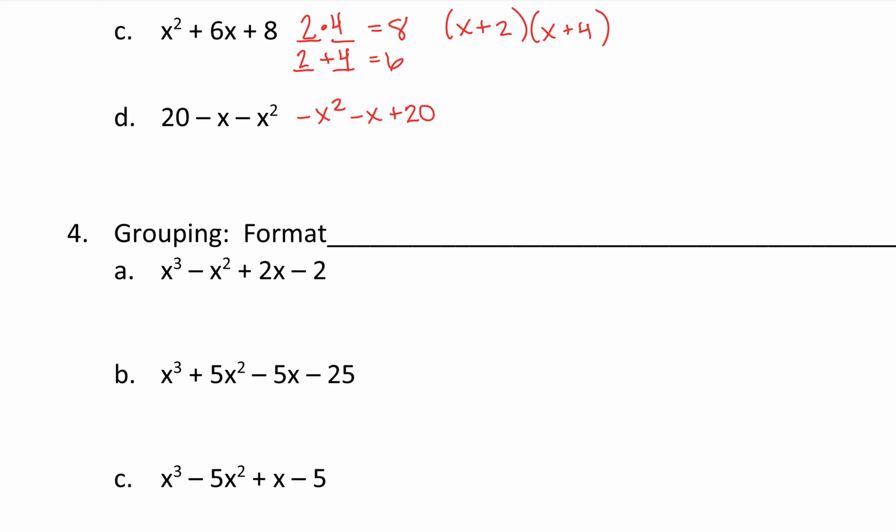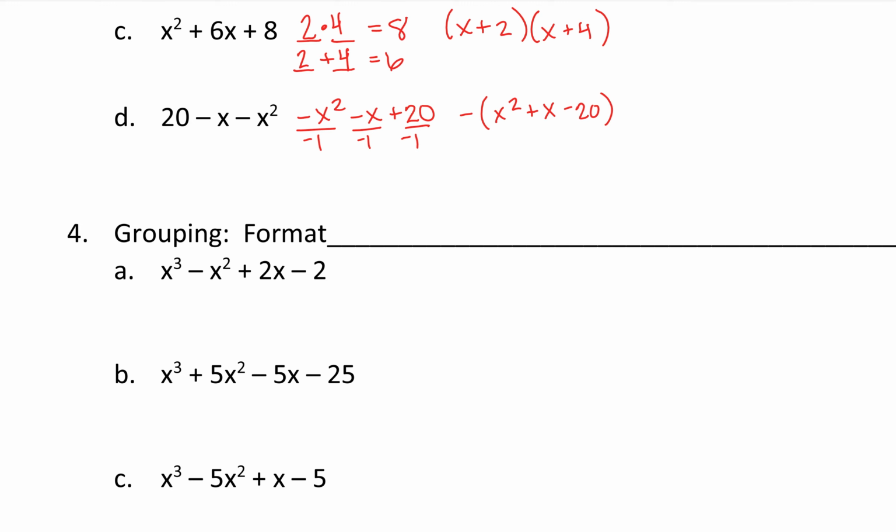Now, I need a positive 1 at the beginning of my expression, so I cannot have a negative number to start. So I'm also going to have to pull out the negative. Visually, that means I'm dividing everything by -1, and that negative goes out front, and everything is now positive. So that's x squared plus x, and that becomes a -20.